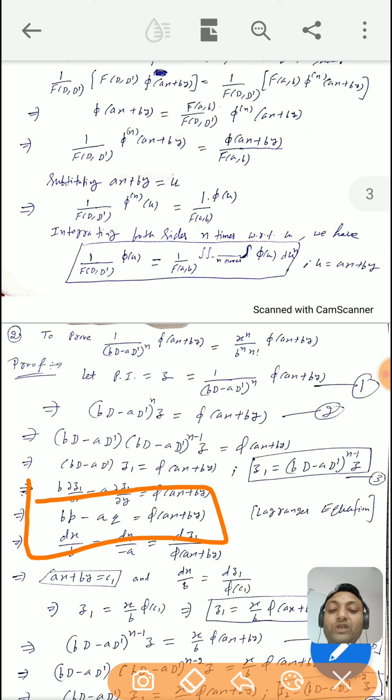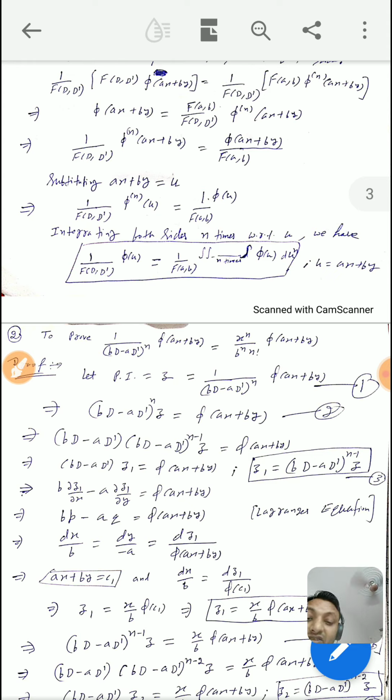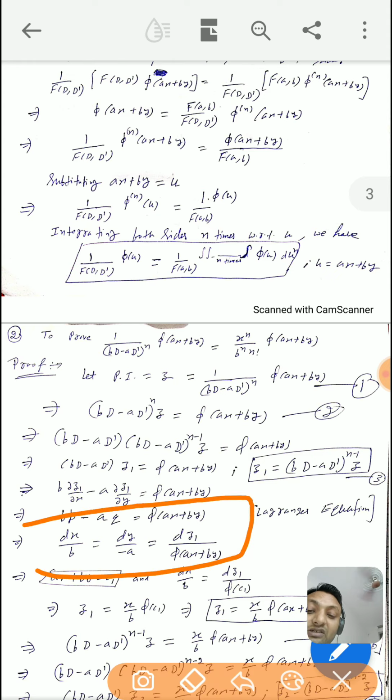which is of the form of Lagrange's equation. So this is the Lagrange's form, which can be solved by the Lagrange's auxiliary equation, that can be written as dx upon b is equal to dy upon minus a is equal to dz1 upon phi of ax plus by.